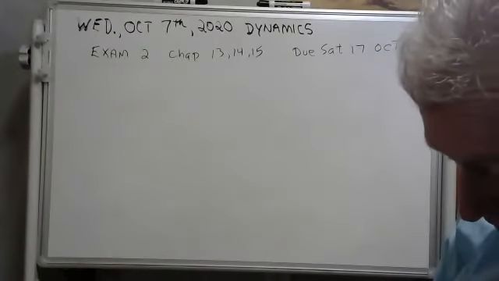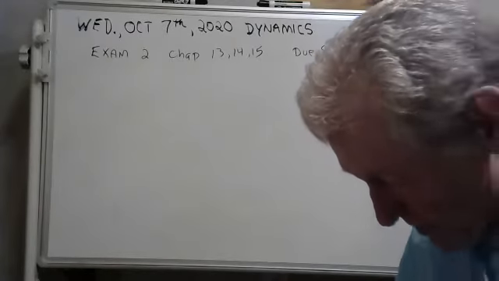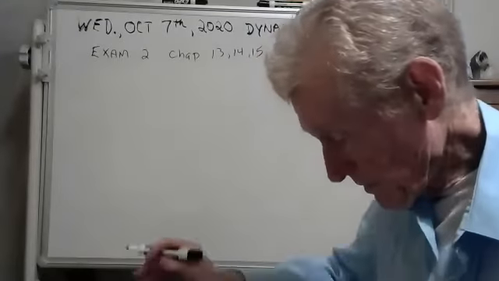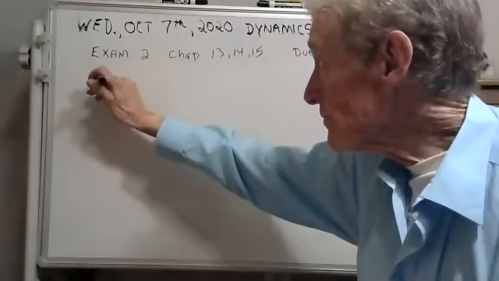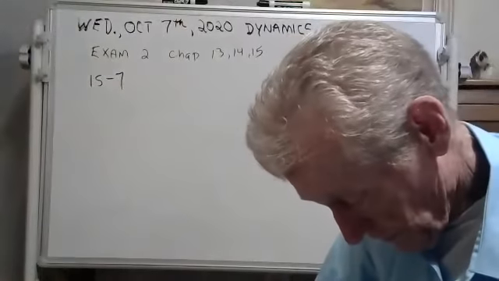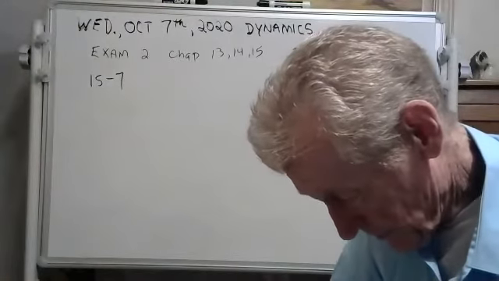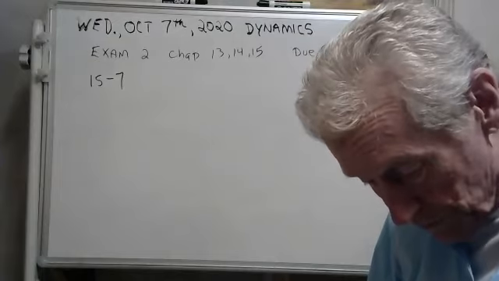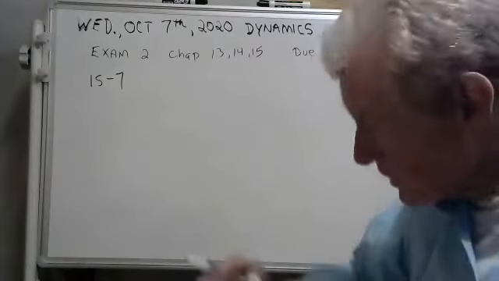I was going to do problem 15.7. It looks pretty good. Now let me see if I can find it. Hang on a second here. 15.7. It's on page 248.